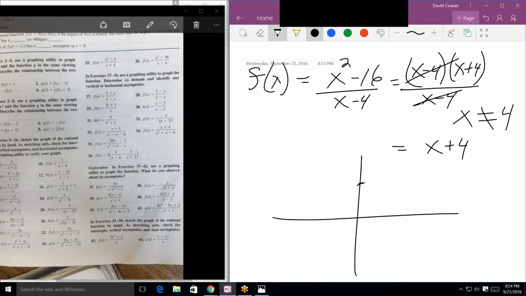And you can't believe how many people answer that question x. But it's not x. The slope is 1. So I got to go up 1 and to the right 1. And there's my line. Tried to make it go through those 2 points. Wasn't terribly successful. And I still have to put my hole in there.